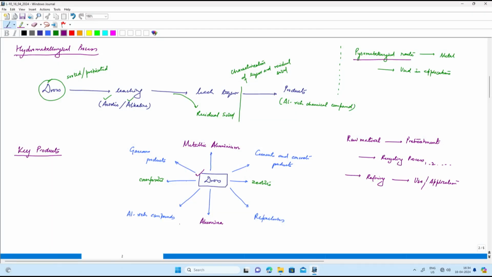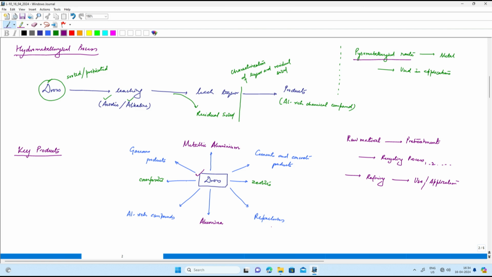Also, we can produce alumina, by the hydrometallurgical route, purifying the leach liquor and precipitating alumina from it. So aluminium as well as various phases of alumina can be produced by the hydrometallurgical and pyrometallurgical routes.